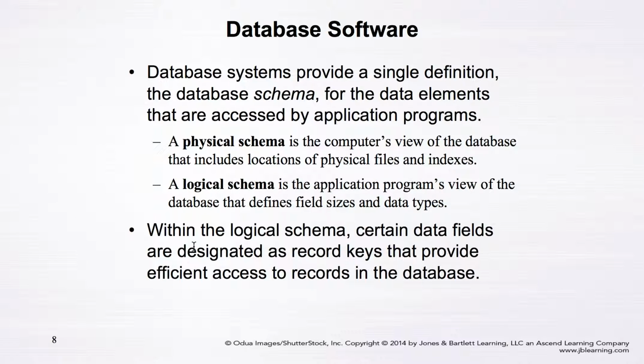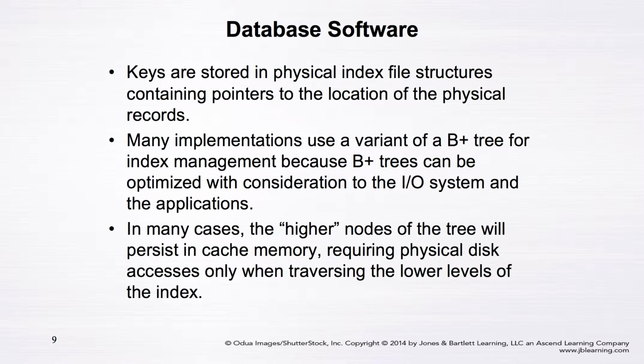Within the logical schema, certain data fields are designated as the record key, and that provides efficient access to the records in the database. The keys are basically stored in the physical index file structure, containing a pointer to the location of the physical records.